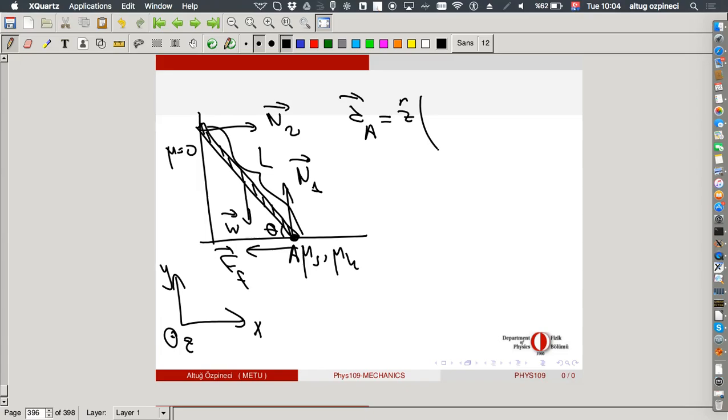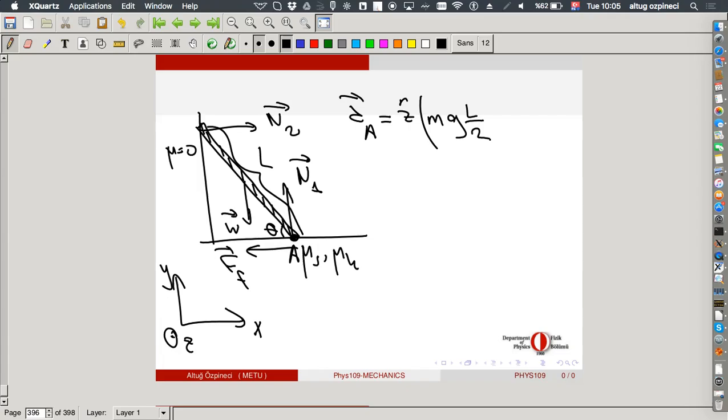What is the direction of the torque created by the weight? This is the position at which the weight is acting. This is the direction of the weight vector. So it's out of the screen, in the plus Z direction. And the magnitude? The magnitude of the weight is mg. The distance at which it is acting is L/2.